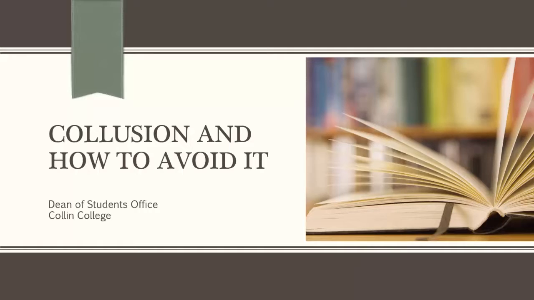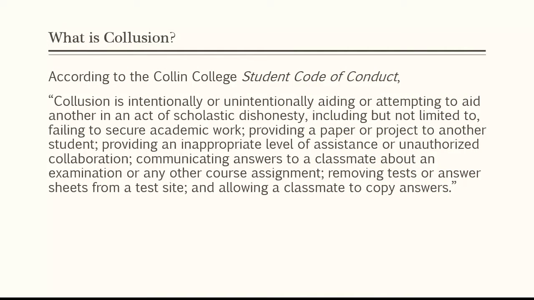Let's begin. According to the Collin College Student Code of Conduct, collusion is intentionally or unintentionally aiding or attempting to aid another in an act of scholastic dishonesty, including but not limited to failing to secure academic work, providing a paper or project to another student, providing an inappropriate level of assistance or unauthorized collaboration, communicating answers to a classmate about an examination or any other course assignment, removing tests or answer sheets from a test site, and allowing a classmate to copy answers.